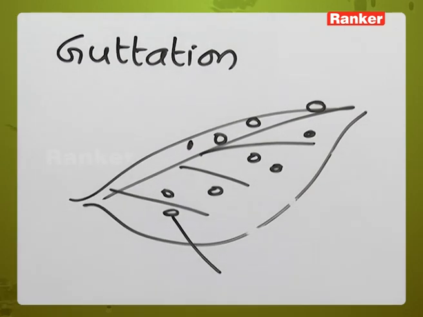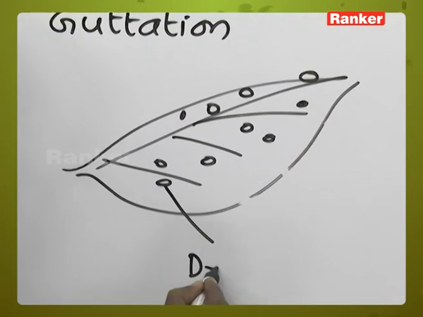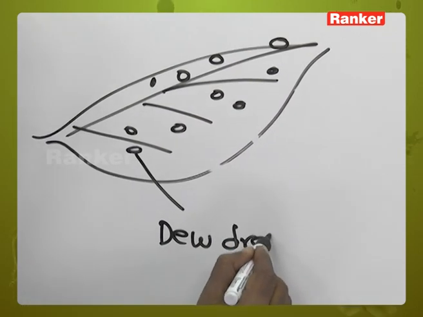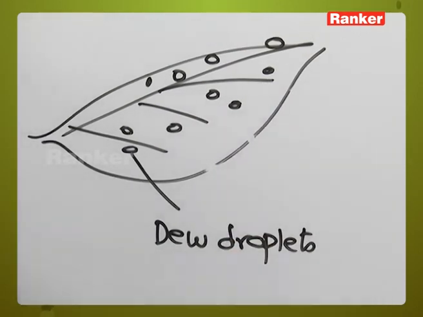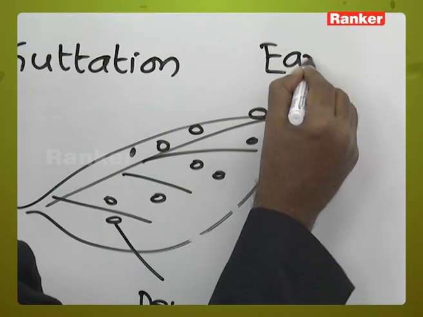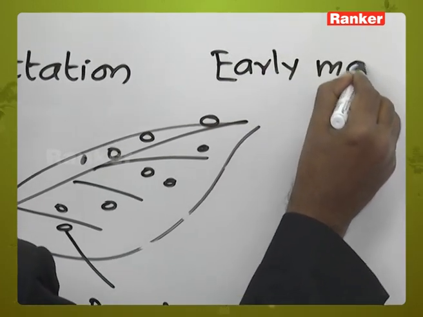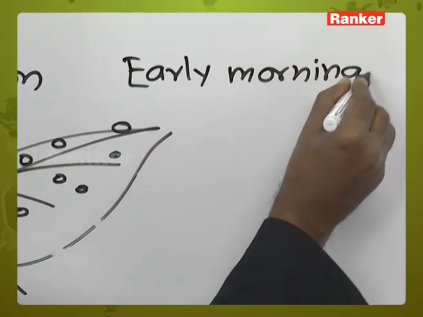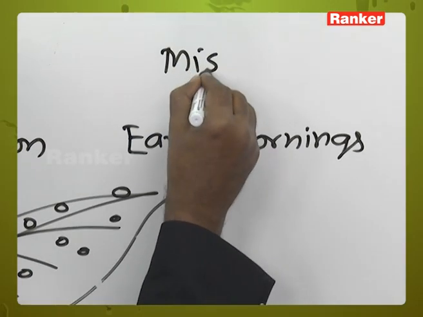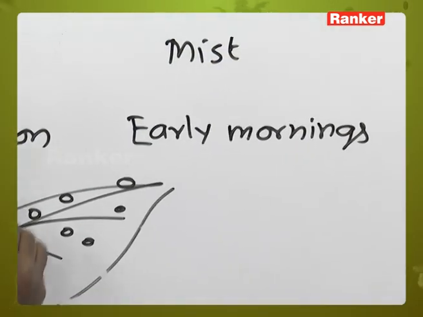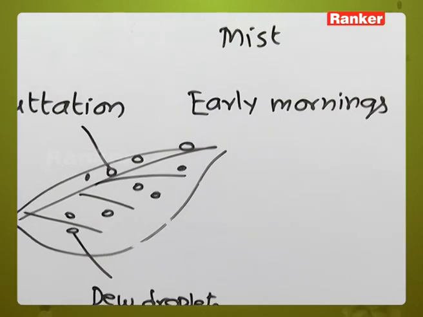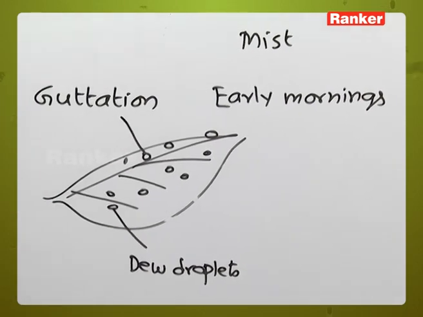If we find dew droplets during early mornings, when there is more of mist, this process of liberation of the waste water is termed as guttation.